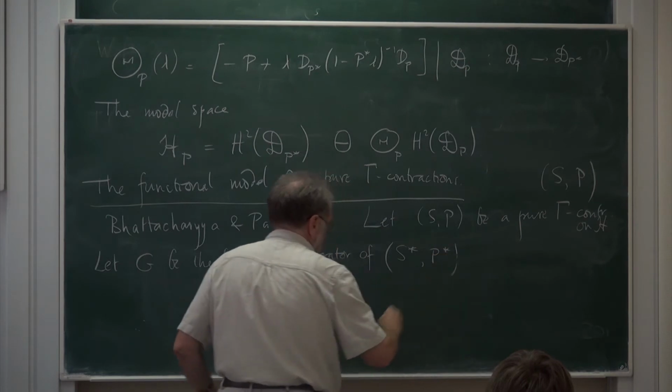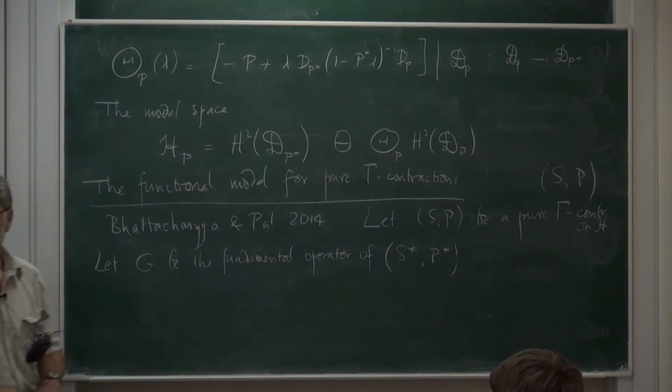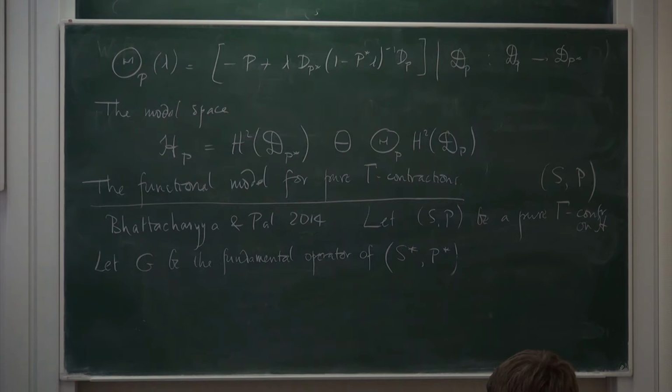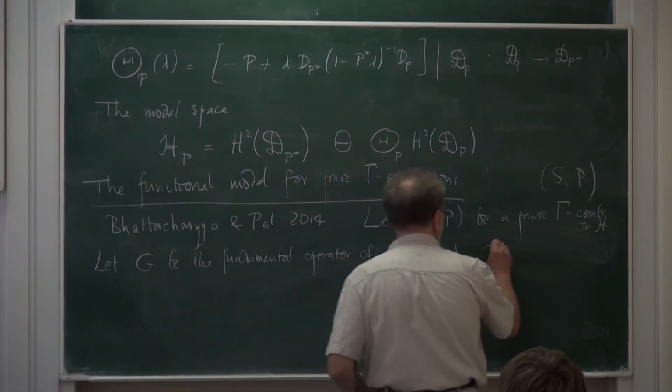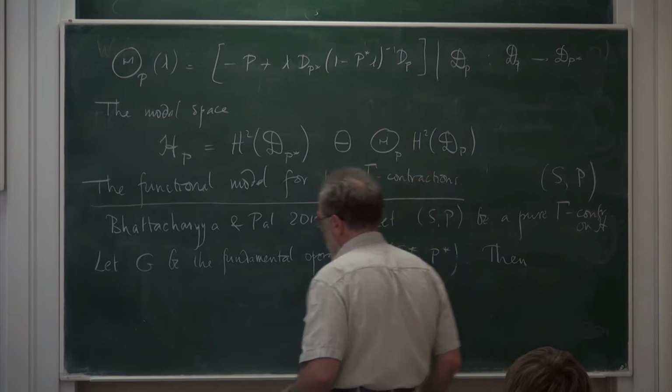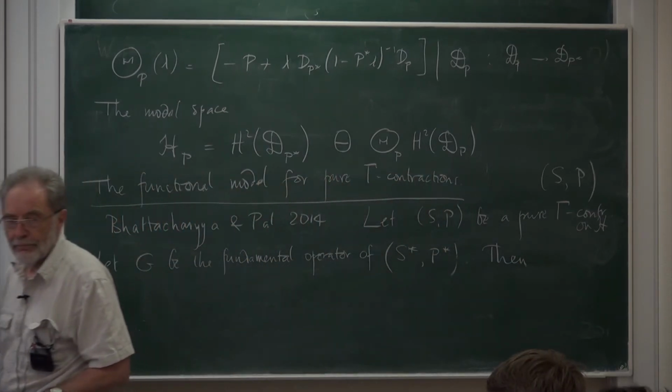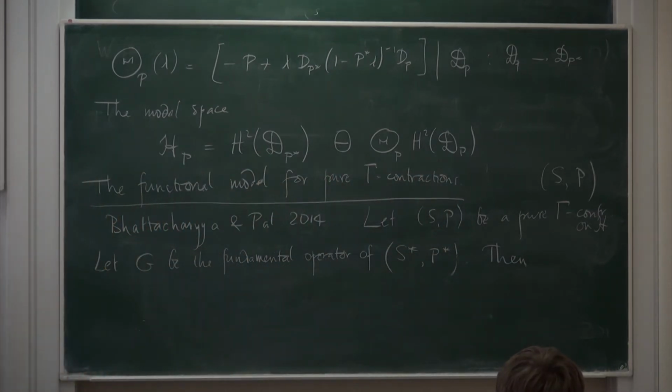So if S, P is a gamma contraction, then clearly the adjoints S star, P star also constitute a gamma contraction. Then sorry, but if P is pure, P star is not necessarily pure. No, that's true, but it doesn't matter.